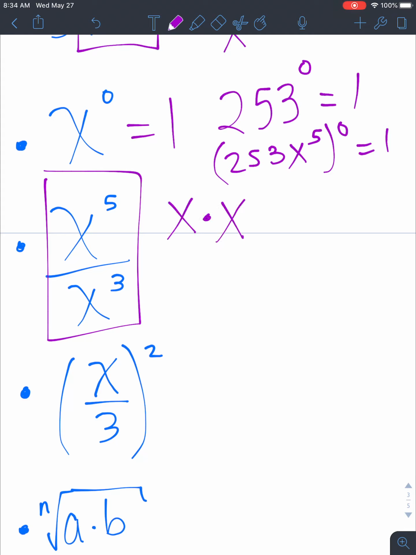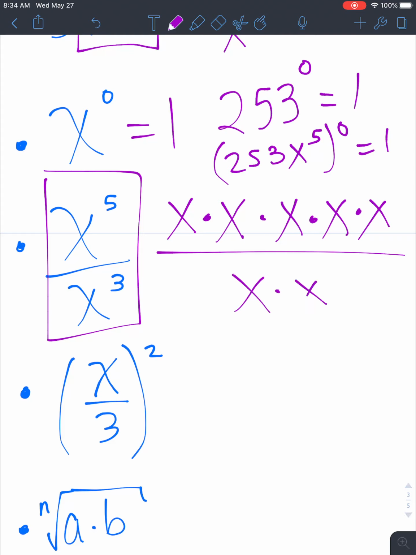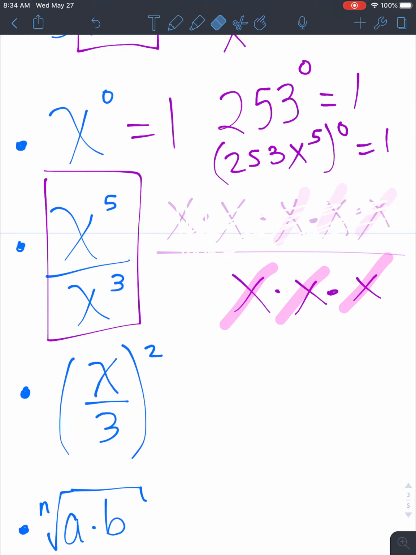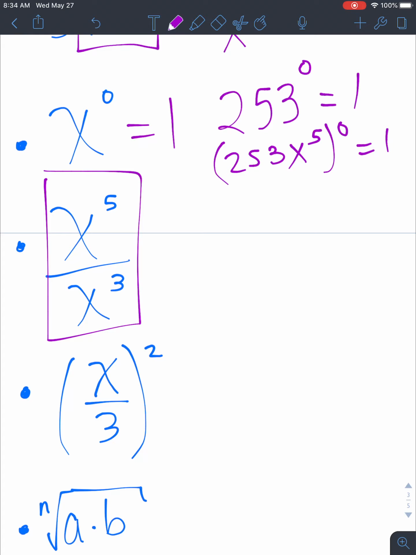The old way that we would do it is that we had x times x times x times x times x. So we have 5 x's on top and 3 x's on bottom. And then we'd cancel one of the x's on the bottom with one of the x's on top, and so on and so forth. So we could do it that way, but that gets a little tedious when you get to something like x to the 43rd power, right?